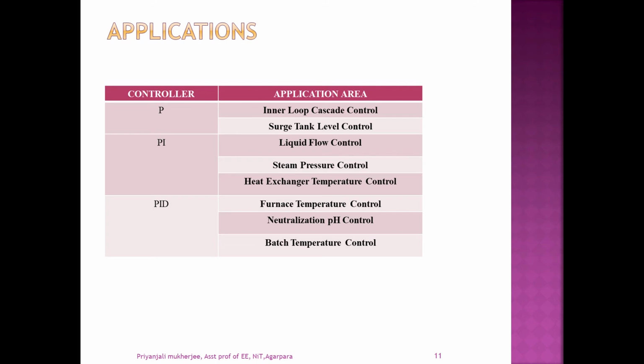Next is the application of PI controller, and the first one is liquid flow control. Many processes such as liquid flow control are ideal applications for the PI control. They are critical to maintaining production rates, so any extended periods of offset associated with P-only control are counterproductive.